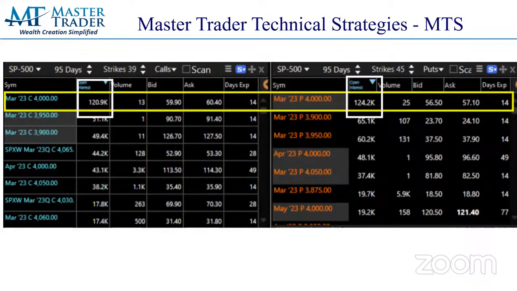This is open interest in SPX options, and this has been high for a while. You can see the calls and the puts have a big open interest. These are expiring in 14 days.